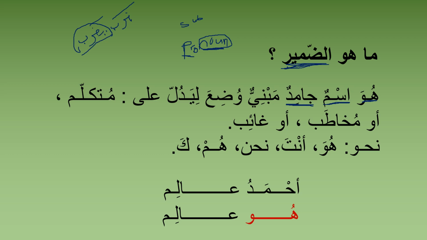Mabniyun, that cannot change, whose last sign, harakat, fatha, kesro, dhamma, cannot change from being fatha to kesro. It cannot change from dhamma to kesro, or from kesro to fatha.